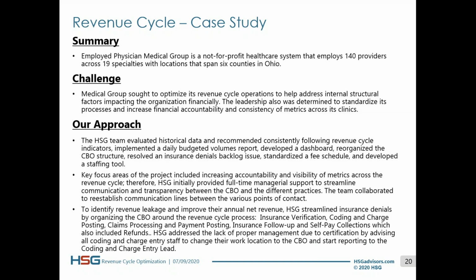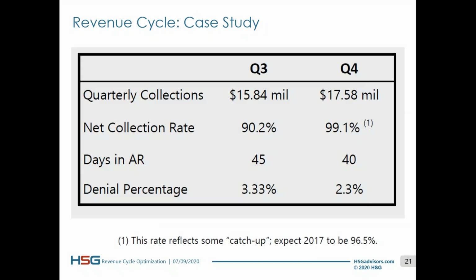Once we did all that, we reorganized, we got those 8 people trained. We let them work in the CBO and started reporting up through the revenue cycle team. And the payoff slide is the next one. Quarter over quarter, we saw a little bit more than $1.7 million increase in our quarterly collections. Now, obviously, you can't sustain that quarter to quarter, but that was just the first quarter pickup.